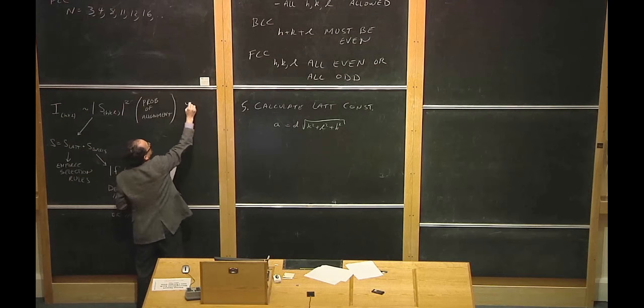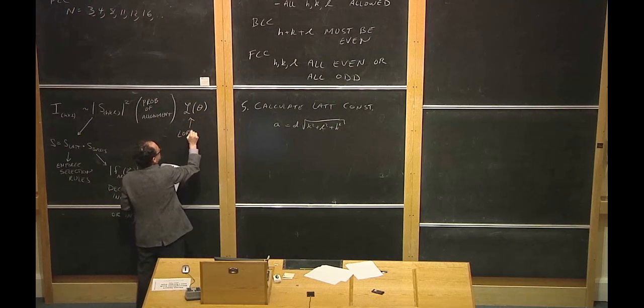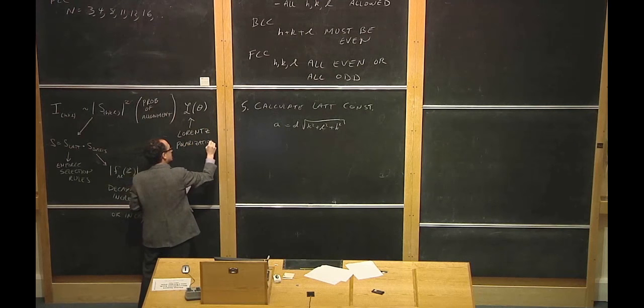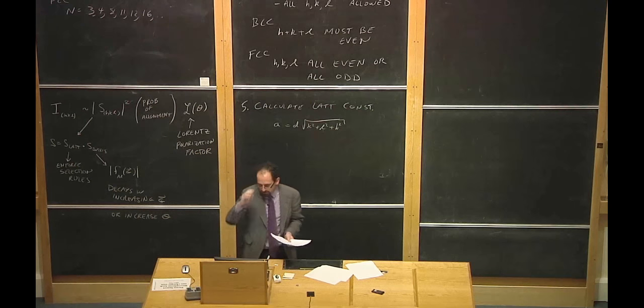And the last factor is known as the Lorentz factor, or sometimes the Lorentz polarization factor, which is really a geometric factor. We're not going to say too much about it, but I'll show you what it looks like.